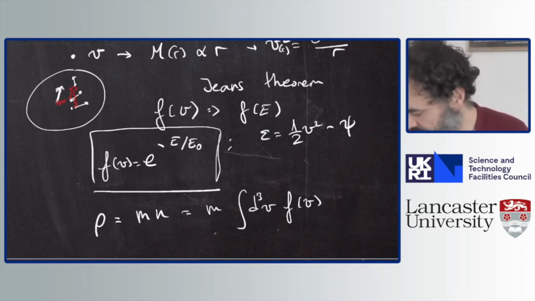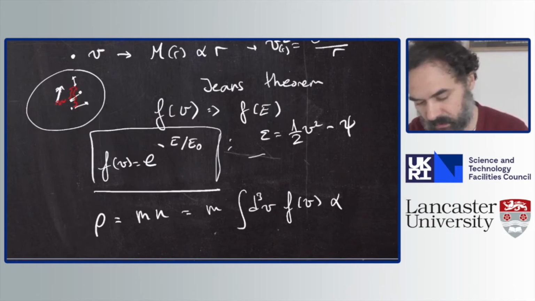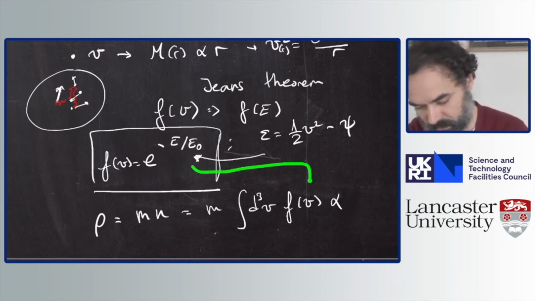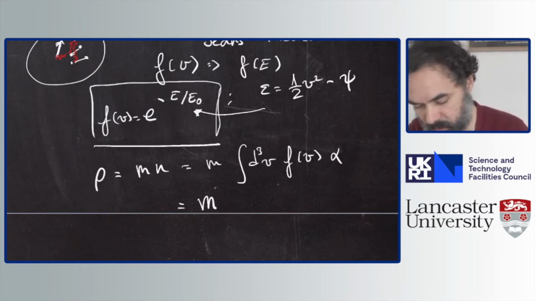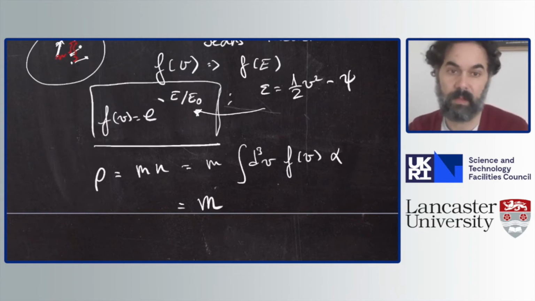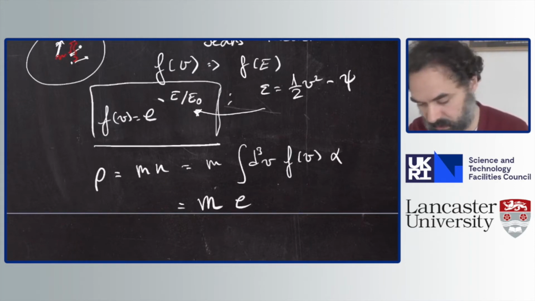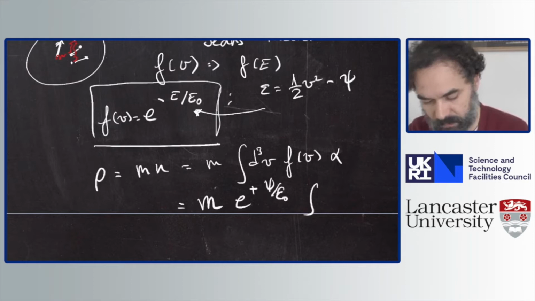Once you plug the energy in, what you find is that the energy density is going to be proportional to the mass, and a factor which goes out that doesn't depend on the velocity, which is e to the plus phi over E0, and then some integration of the rest of the distribution function.